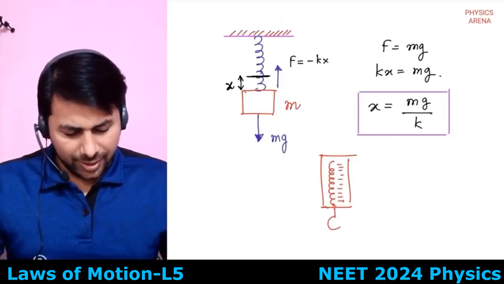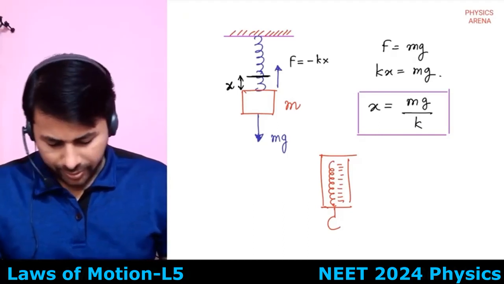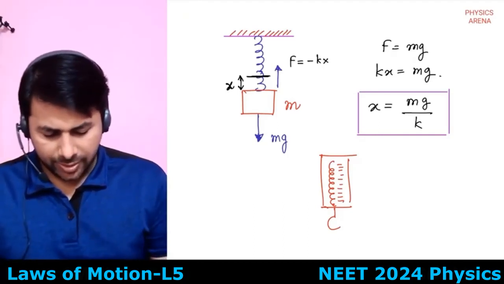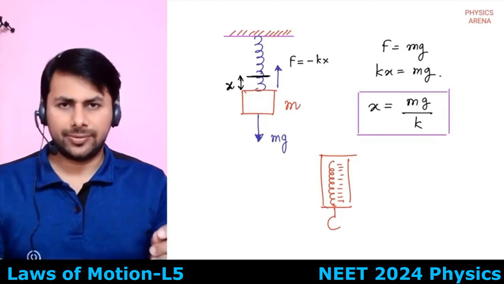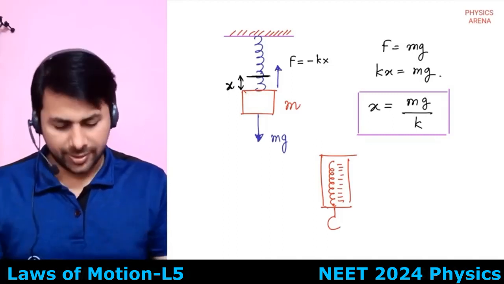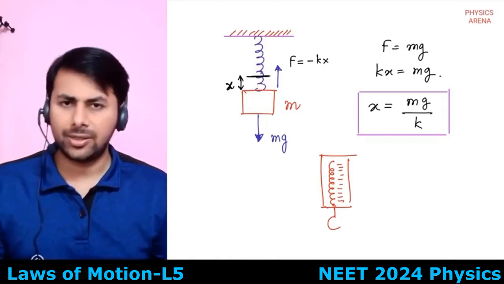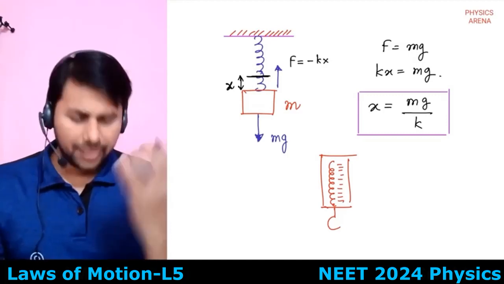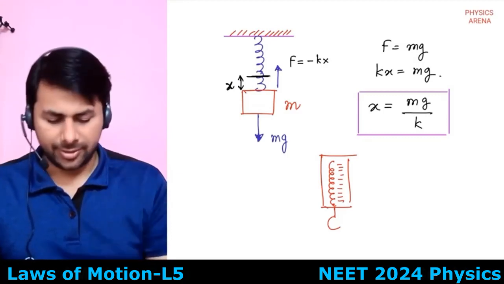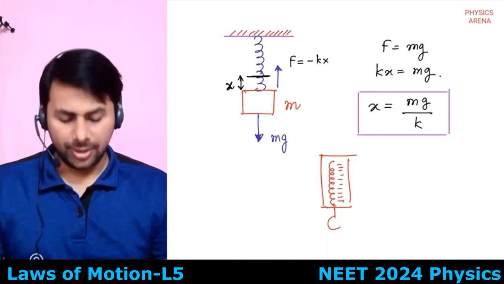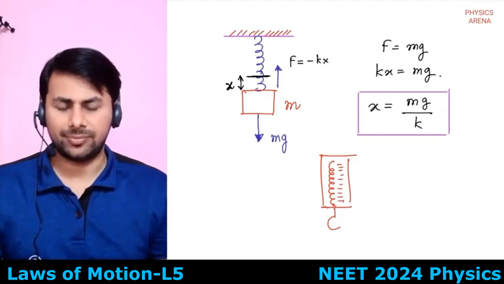Right? So now let's suppose you tie some mass, some weight, to a spring and you leave that spring suspended from a rigid support. So how much would be its displacement?